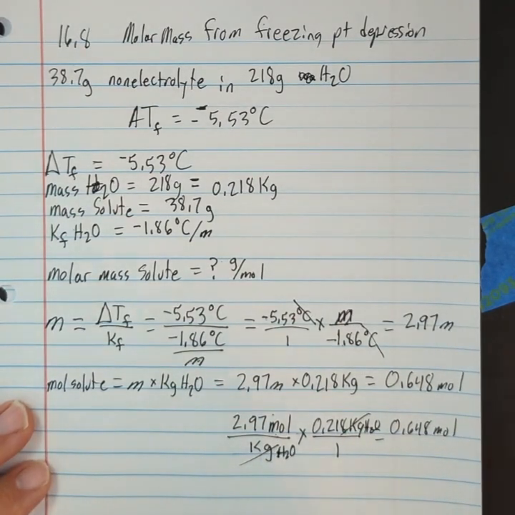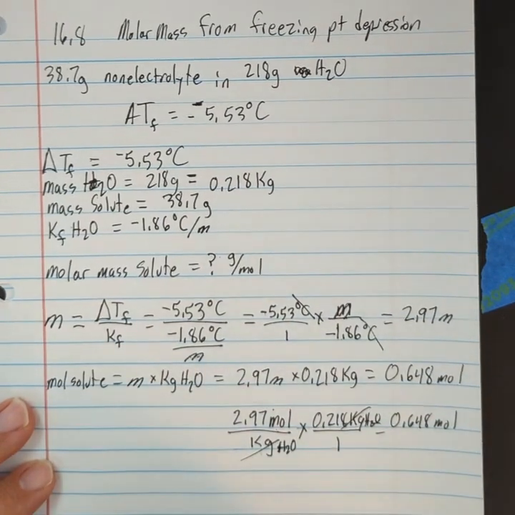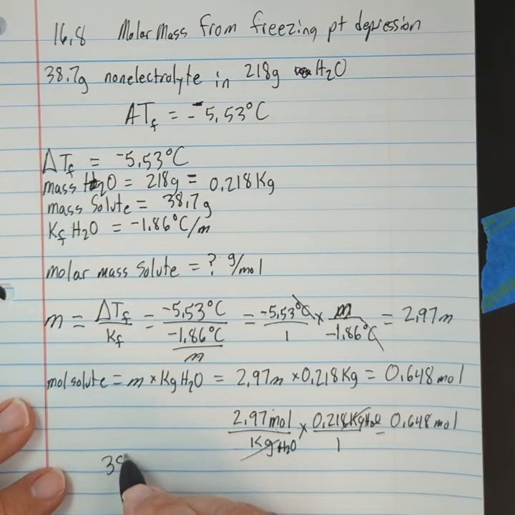All right, next step. We're going to divide the grams of the solute by the moles to determine the molar mass. All right, so we know we have 38.7 grams of the solute. We don't know what it is, but we know how much we have.